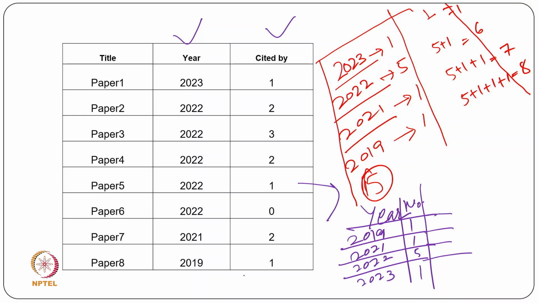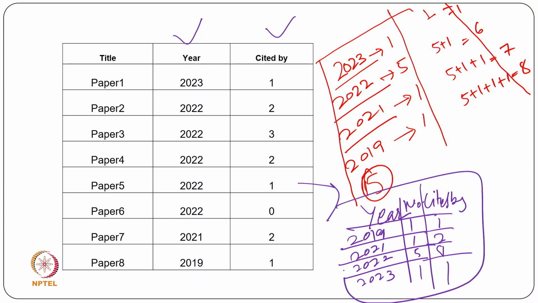Now in 2019 there is only one citation, in 2021 two, and in 2022 we have these many for the five papers: 2 plus 3 is 5, plus 2 is 7, and 8. And in 2023 we have one.